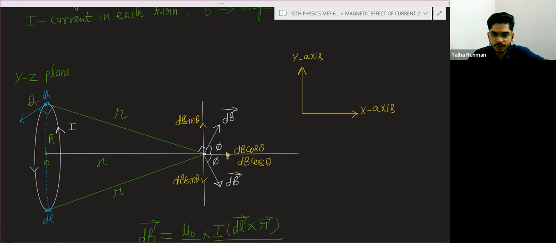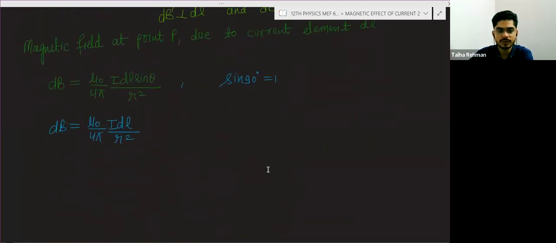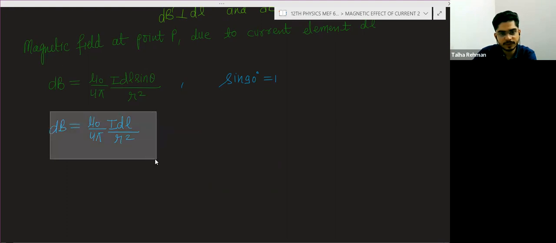No need to write this, because we just want to know, due to this element, what will be the net magnetic field at this point P. So this dB sin theta will cancel out, so only dB cos theta remains. So now dB is this, and this is the dB now.